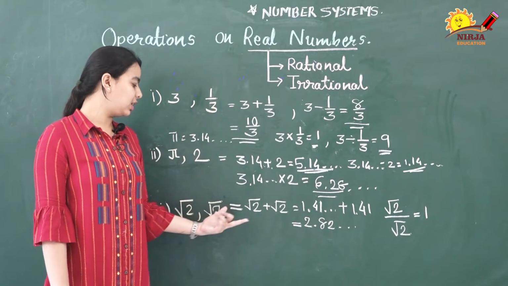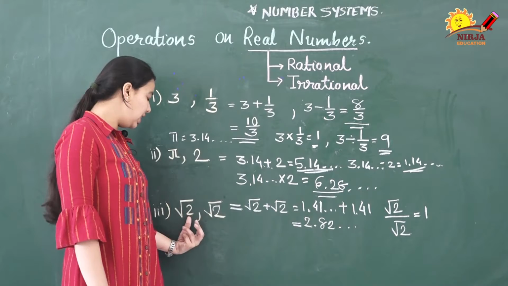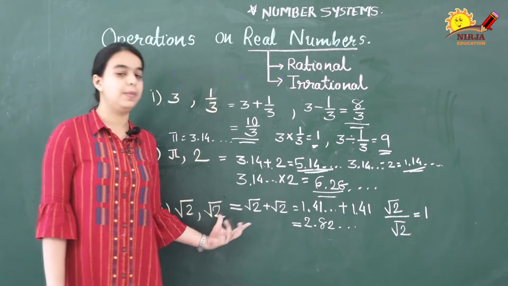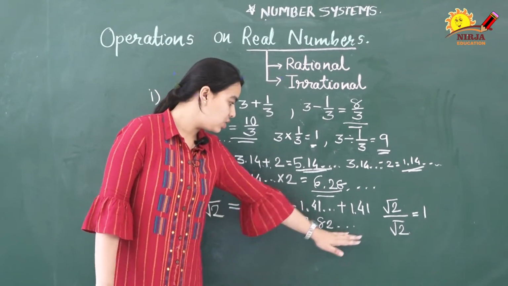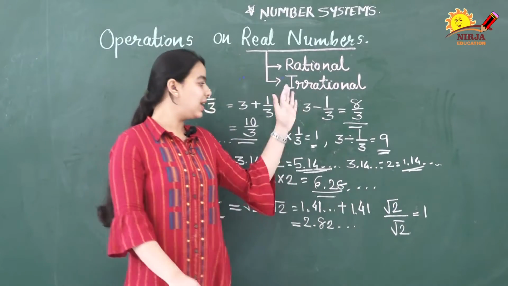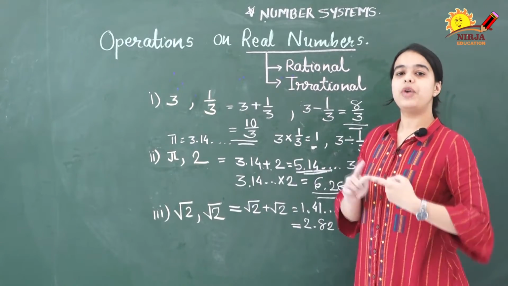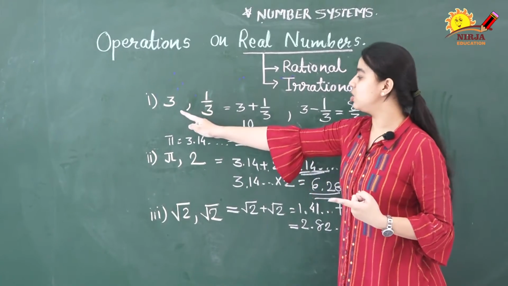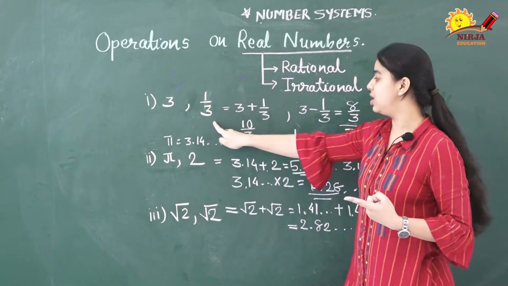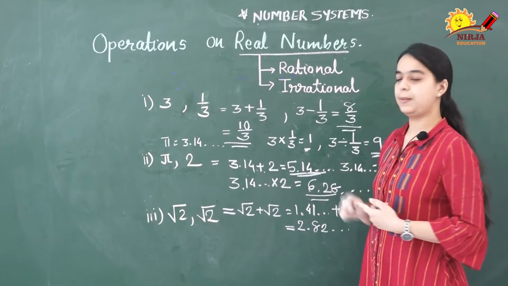So hence we can conclude that operations performed on an irrational number with an irrational number can be either rational or irrational. So by seeing these three examples, we have concluded three statements. First one is the operation of a rational number with a rational number always results in a rational number.